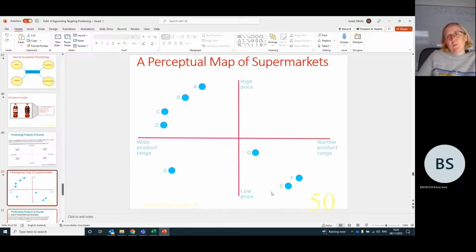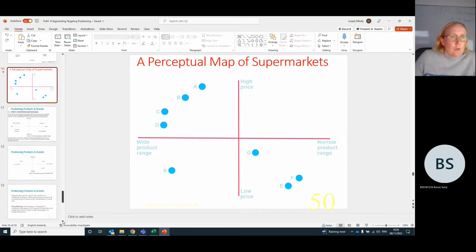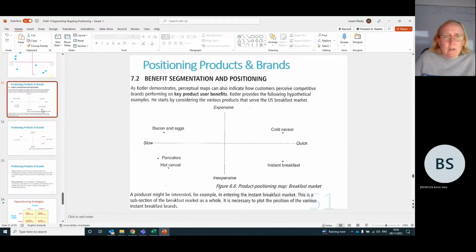We're not going down quite as low as E and F there, but we're less than G. And so we're coming in at the mid to low range, and we think that we can operate in that area. So it's a visual tool to describe, maybe in the boardroom, where you're planning to go and so on, and help make decisions.